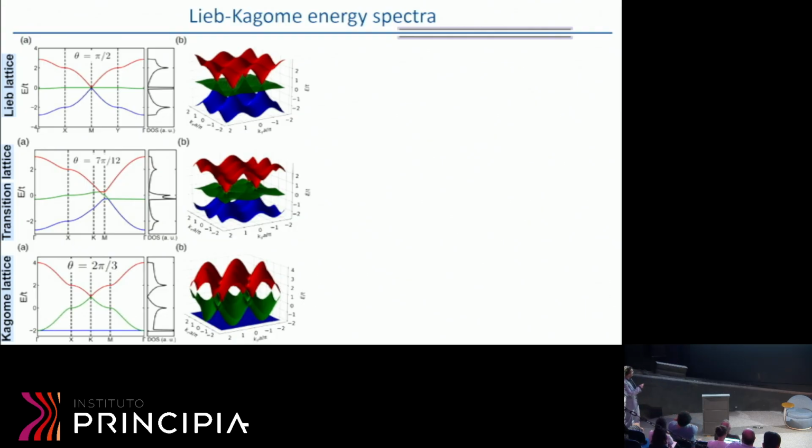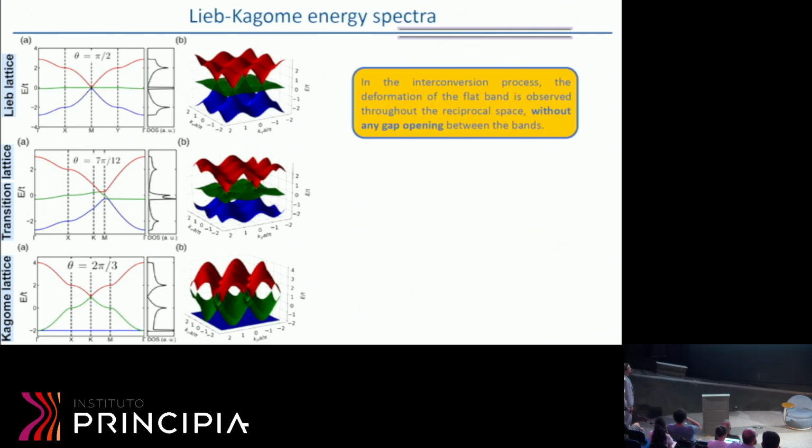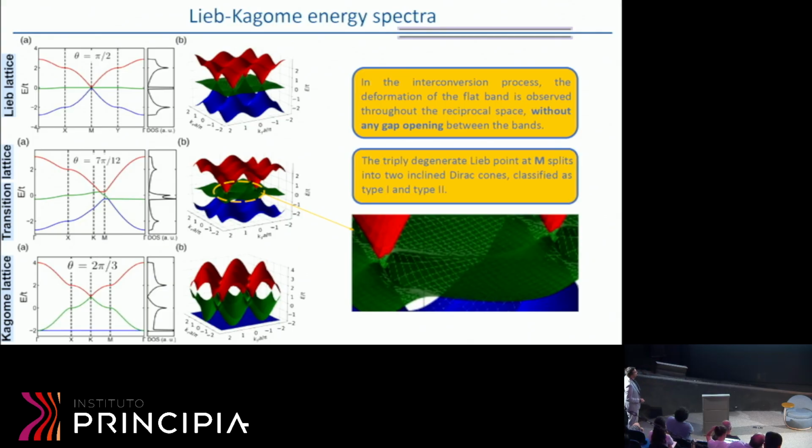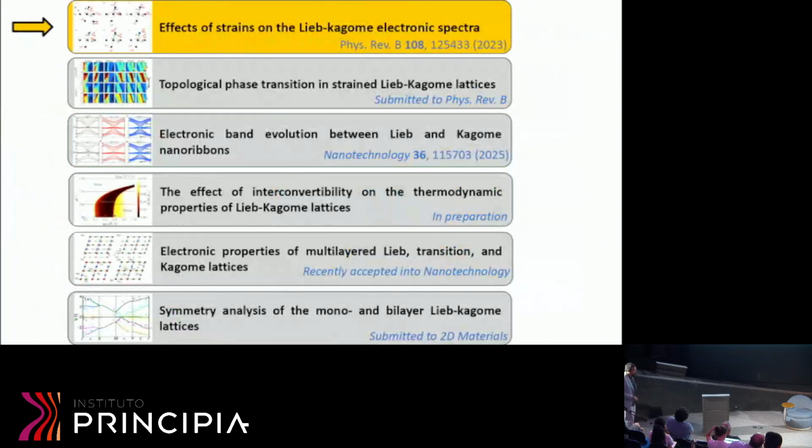It can go down or up depending on the value of the hopping, if it is positive or negative. So I want to emphasize that during this morphing, no gap opens. And here I just zoom in to show you that during this morphing, you get two Dirac cones, okay? Type 1 and type 2.